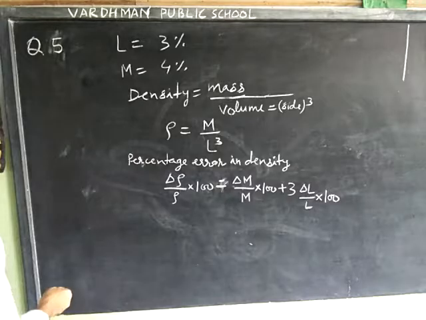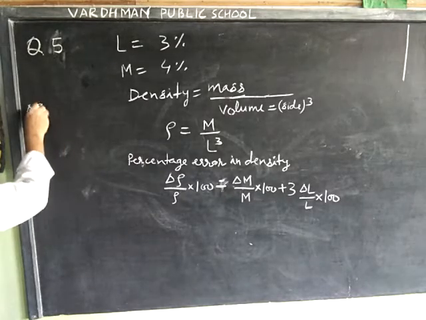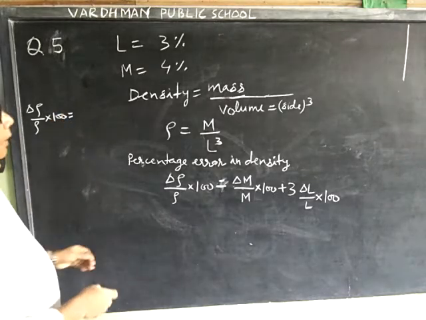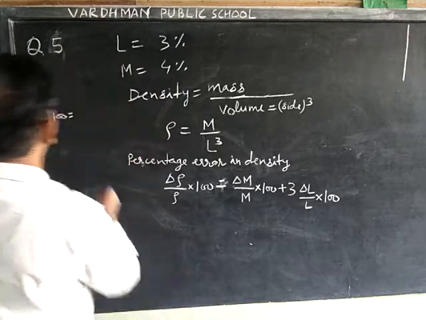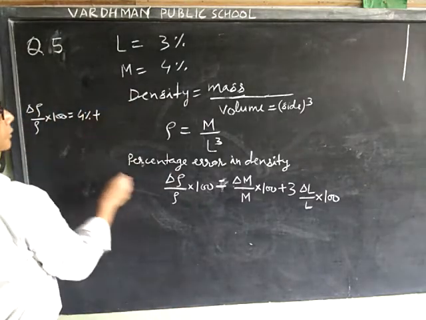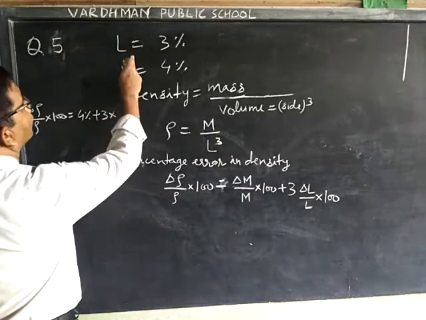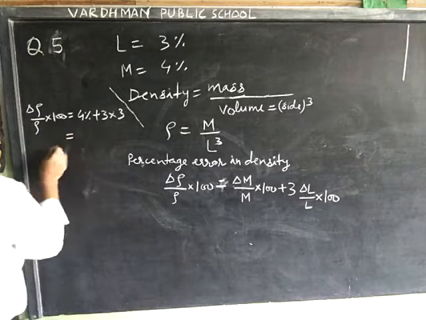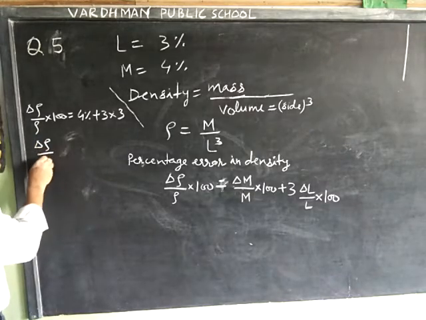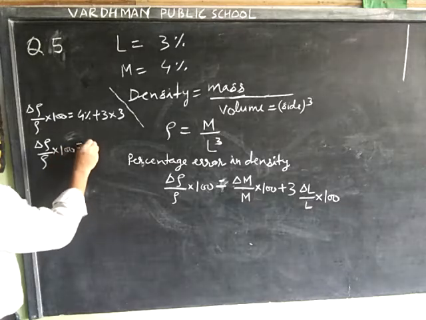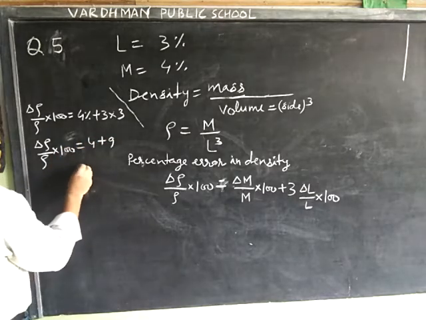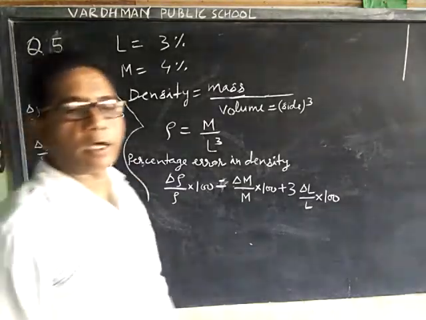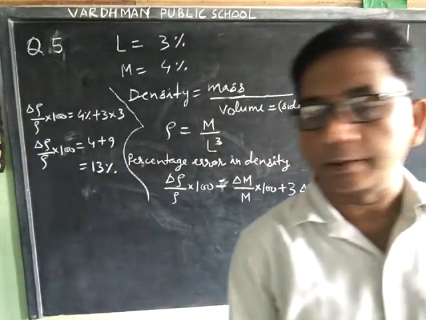This becomes delta rho upon rho into 100 is equal to delta m upon m, that is 4%, plus 3 into L's error, 3%. Thus it becomes delta rho upon rho into 100 is equal to 4 plus 9, that is 13%. This is the solution of this problem, 13%.